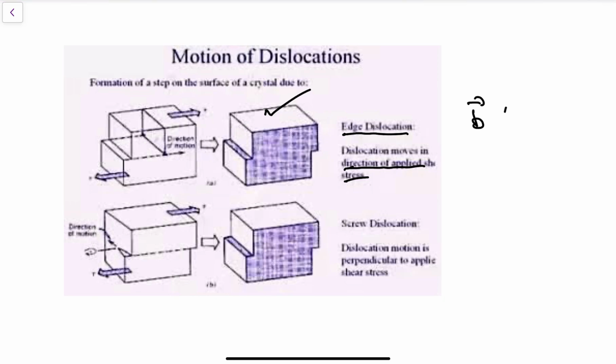The Burgers vector is perpendicular to the tangent vector. And you can see the screw dislocation here. Initially it is just trying to rotate, and it rotates and then spreads up to here. So this is the screw dislocation.